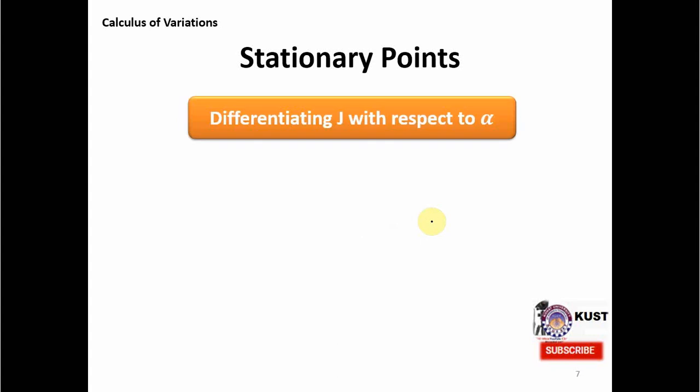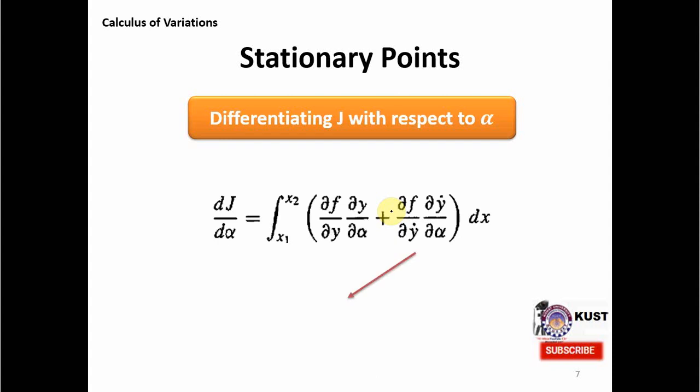Okay, so as I said, we have to differentiate J with respect to alpha, so let's do this. You can see here the value of J was this one, and we want to differentiate it with respect to alpha inside the integral. So f was a function of y and f was also a function of y dot.